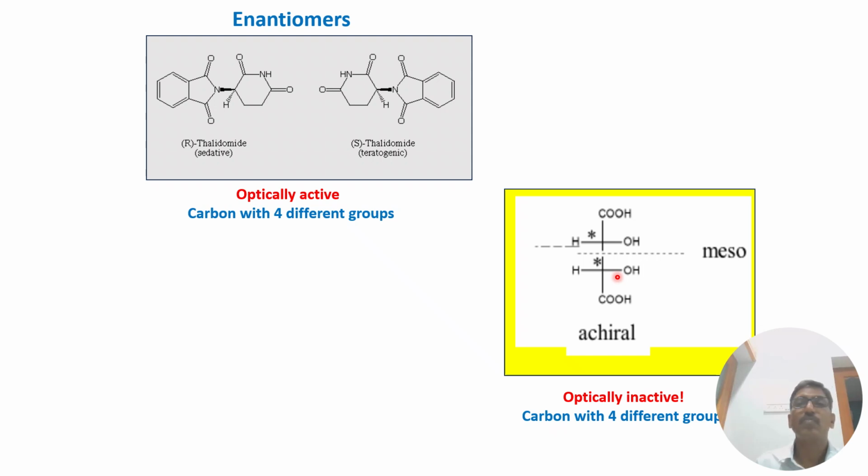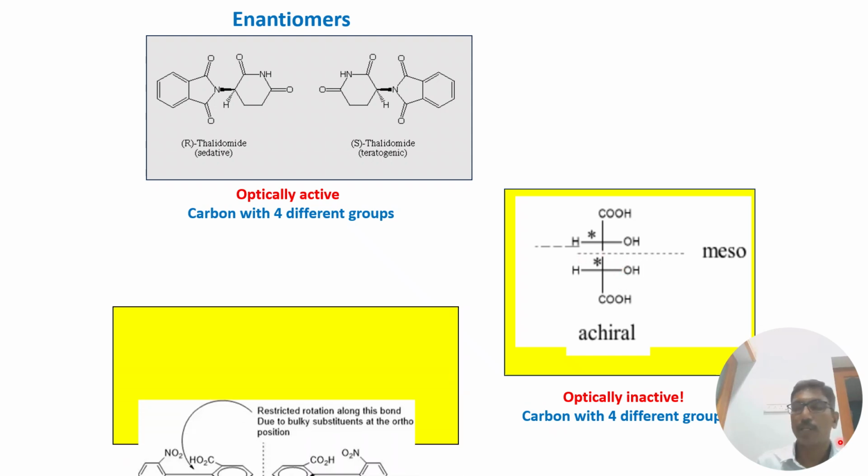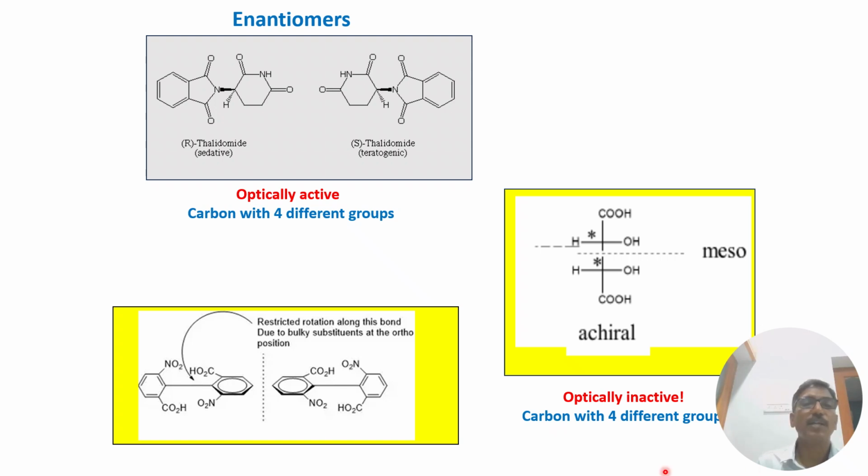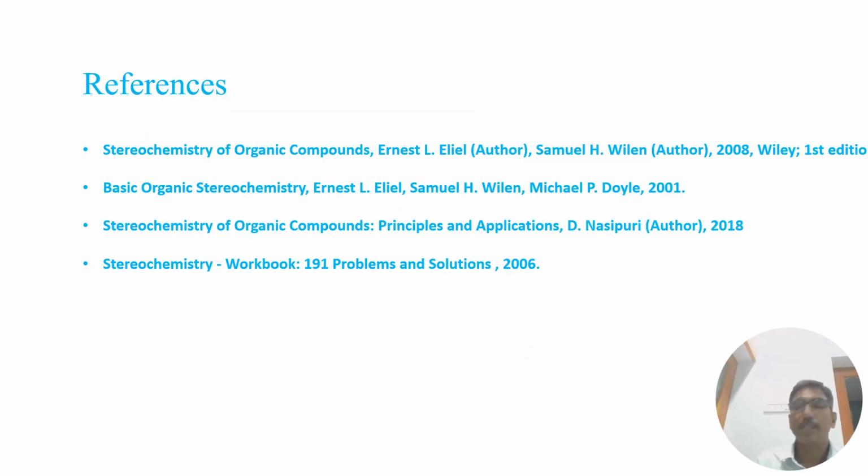That's something we need to really worry about. The other example is biphenyls. Without any chiral center, they too display optical activity. So what could be the primary criteria to rule out whether the molecule is optically active or not? That will be discussed in the next part in detail.